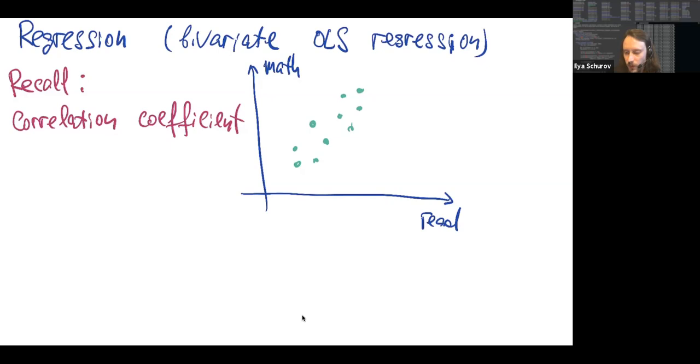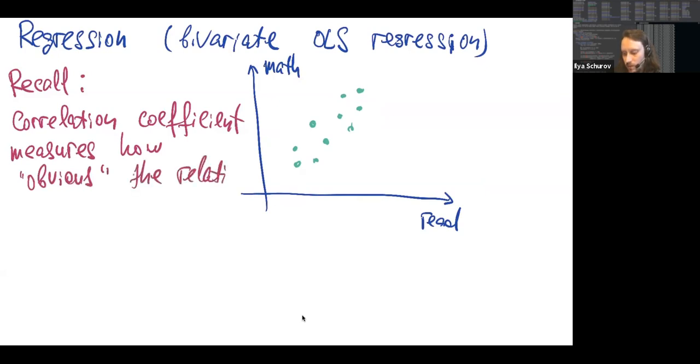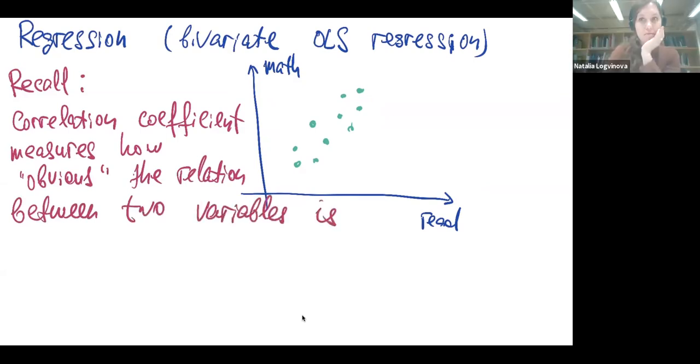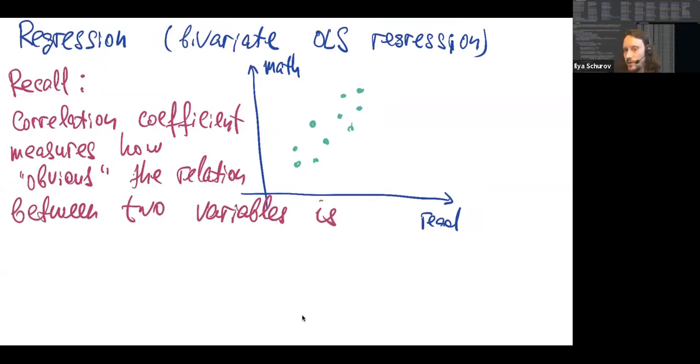So the correlation coefficient measures how obvious the relation is. So how easy it is to see this relation when we look at the graph.